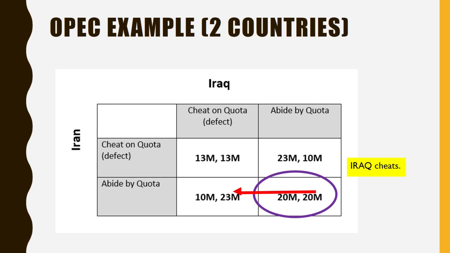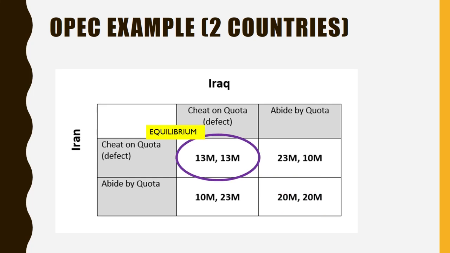So by the time they both cheat, right, they cheat and they cheat, now we're not in this purple outcome anymore, right? We're not at 20 million, 20 million. We're going to end up with both of these nations cheating on their quota and ending up at 13 million and 13 million. Now, do we agree that that is not as good as making 20 million? If they had both stuck by the quota, they both would be better off.